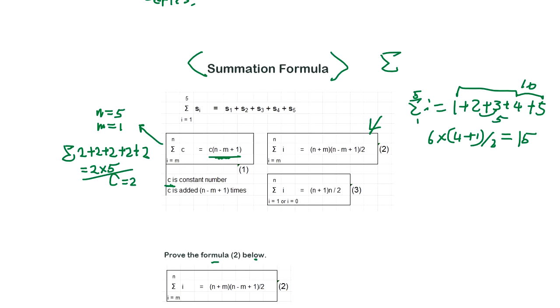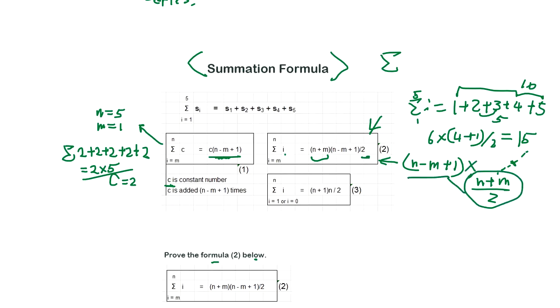So how do you prove this? This n minus m plus 1 is the number of times you're adding. And what's the number you're adding? Since i is linearly increasing, you take the average. What is the average? n plus m over 2, which is this part. So you take the average and multiply by the number of terms in the summation.